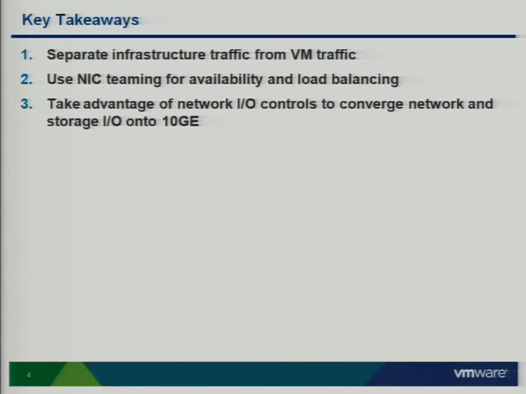The second point is you always want to use NIC Teaming. By that I mean when you construct a virtual switch, you always want to connect 2 or more pNICs onto the same switch. And these pNICs should be equivalent, able to carry all the traffic that's going on that virtual switch.